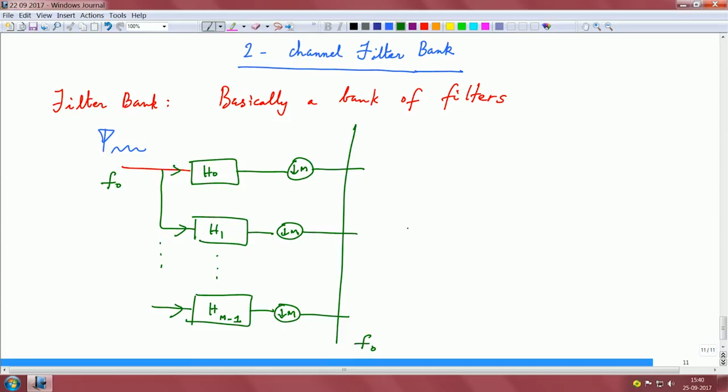And then I want to do something with each of these signals. This is one frequency band, this is another frequency band, and so on and so forth. These are all called subbands, and I want to do something in the subbands. Maybe I compress the signal in each of the subbands, maybe I do some kind of computation at the subband level, it could be quantization, any operation, and then I want to send them through an expansion phase to restore the sampling rate, and then I want to synthesize.